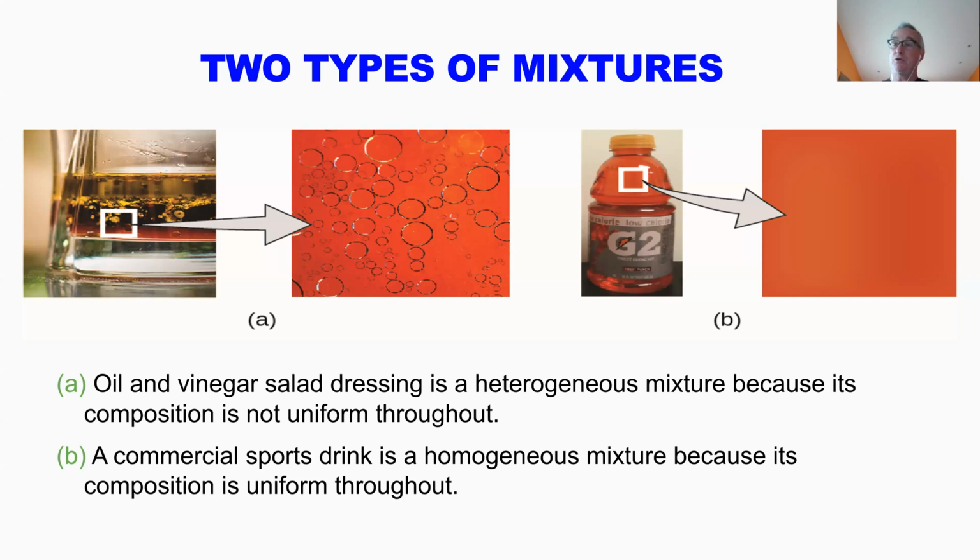Everything is in solution. We'll learn more about what in solution actually means a little bit later when we talk about solutions. But oil and vinegar, if you shake it up really fast and then have a quick look at it, it may look homogeneous because the color is the same all the way through.